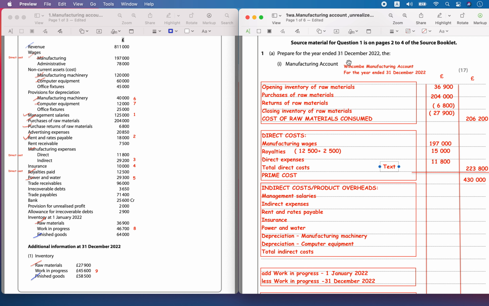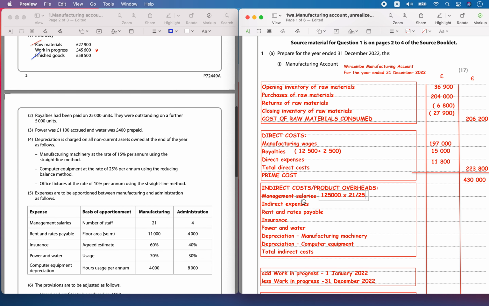So 125,000 times 21 divided by 25 people, that cost is going to be equal to 105,000.